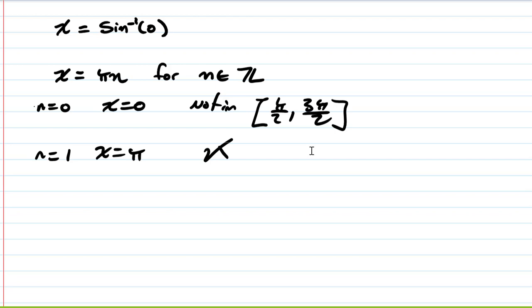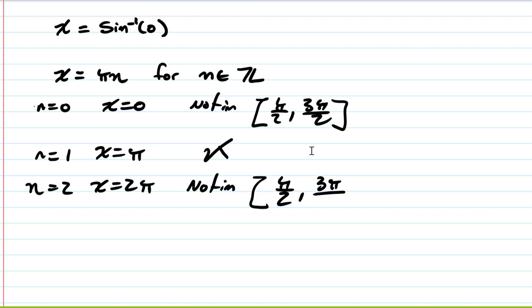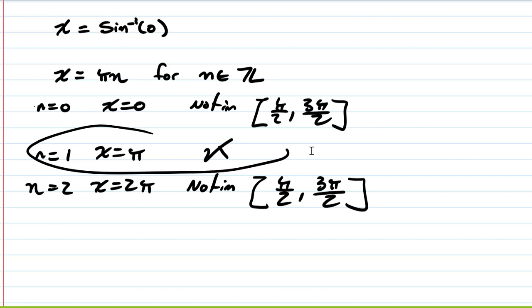That is in our interval. If we do n equals 2, we get x equals 2 pi, which is too big, so that's not in pi over 2 to 3 pi over 2. So this is our only critical number.